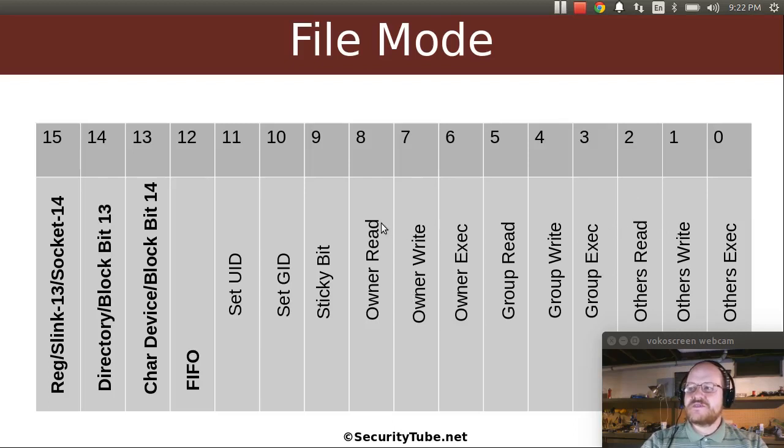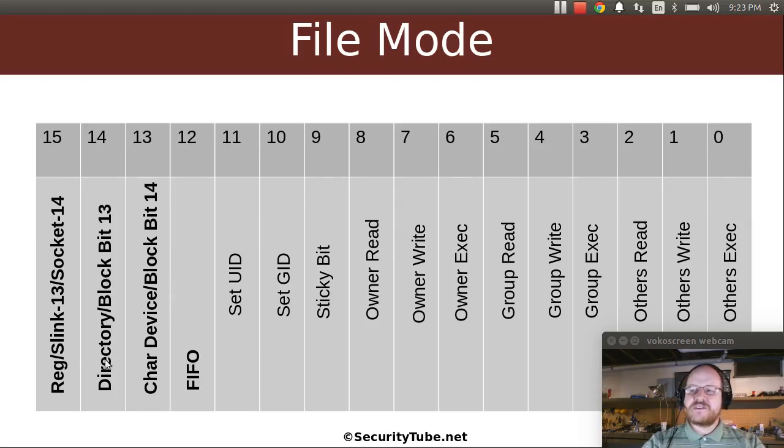In addition to this information, the inode also stores something about the type of file. And these in bold here are mutually exclusive, so you only get to pick one. If bit 12 is set, you have a FIFO. If bit 13 by itself is set, this is a character device. If bit 14 is also set, then it's a block device.